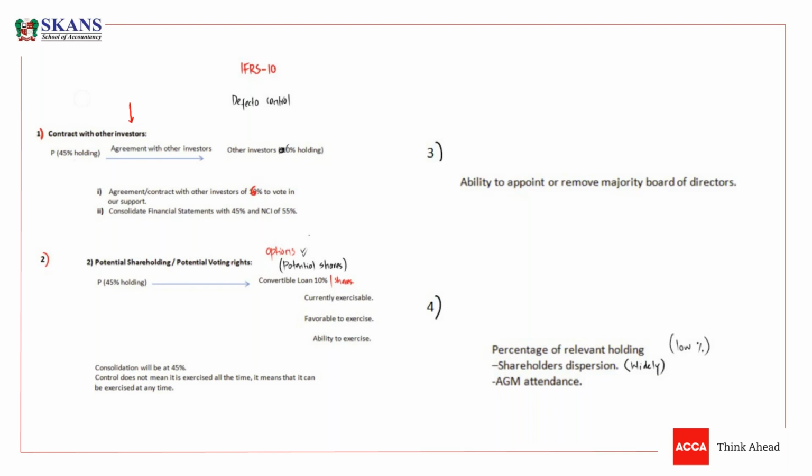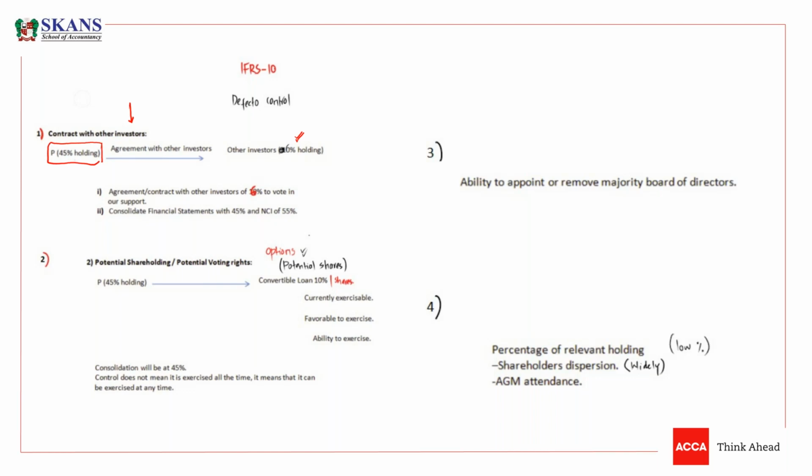In my example, P company has 45% shares in some company, and they made an agreement with another investor who has 6% holding. They just made an agreement that we want to control this company, please help us.